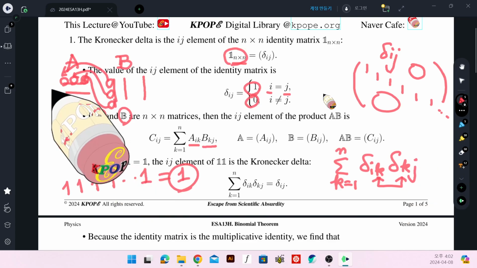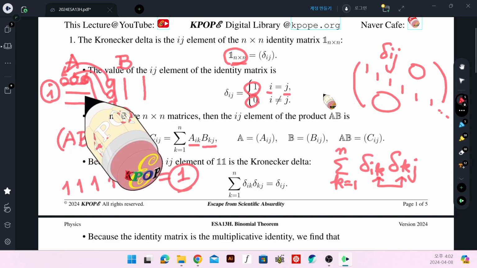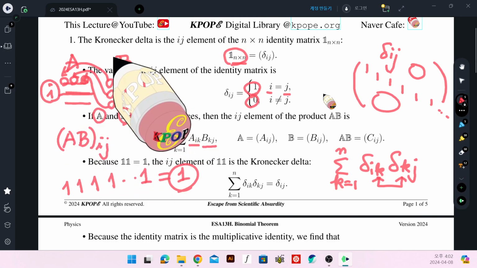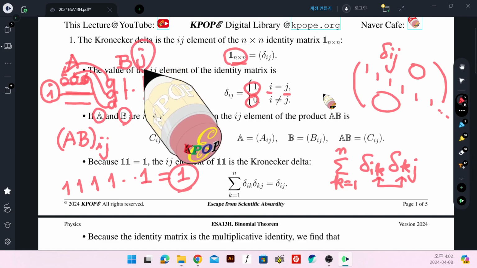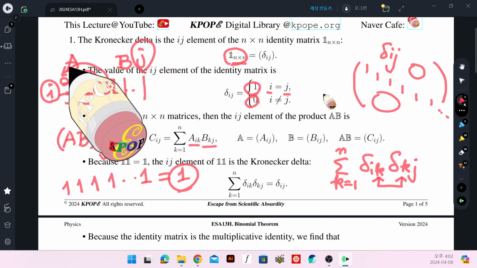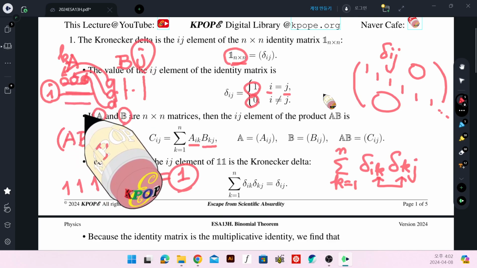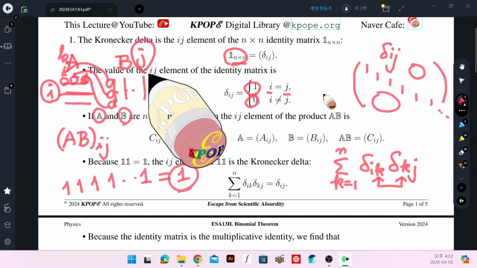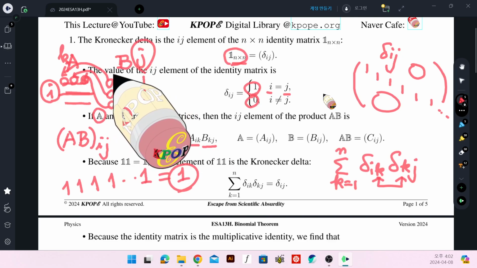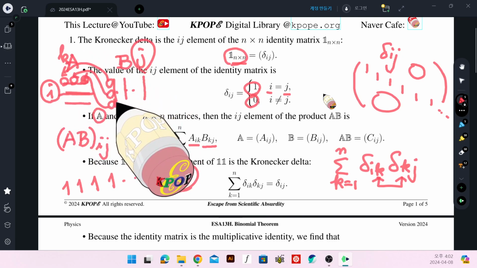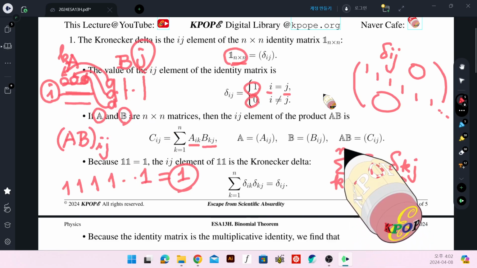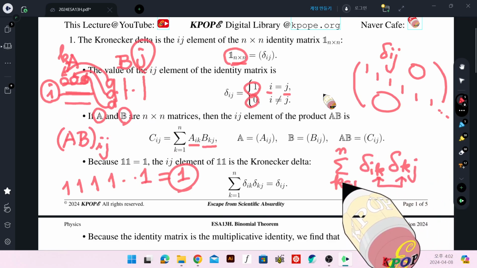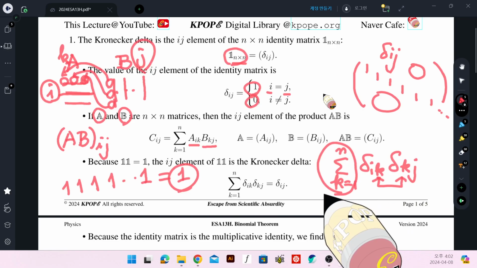This one shows that this is the ith row and jth column, and in the middle, the kth column of the first and the kth row of the second factor must be matched, and k must run from 1 to n, and I have to add them all together.